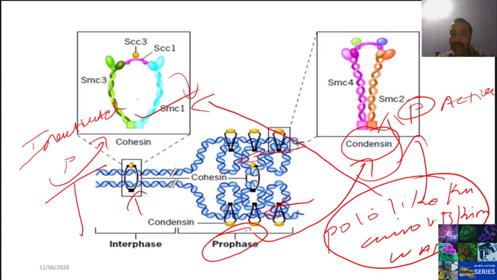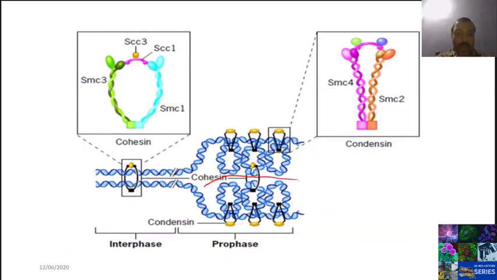Okay. So condensin promotes condensation of each chromatid in prophase by locking the coiled structure, as seen in the diagram. Here the coiled structure is getting more and more compacted by the action of condensin, not by the action of cohesin, only by the action of condensin.